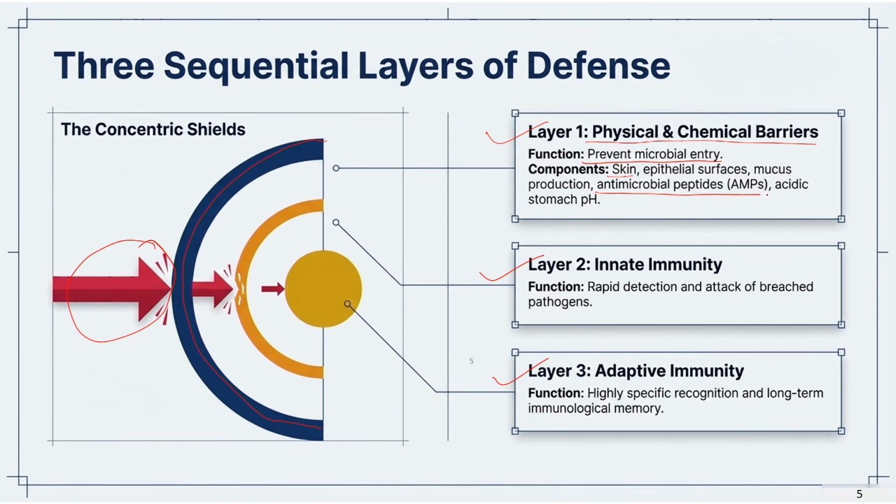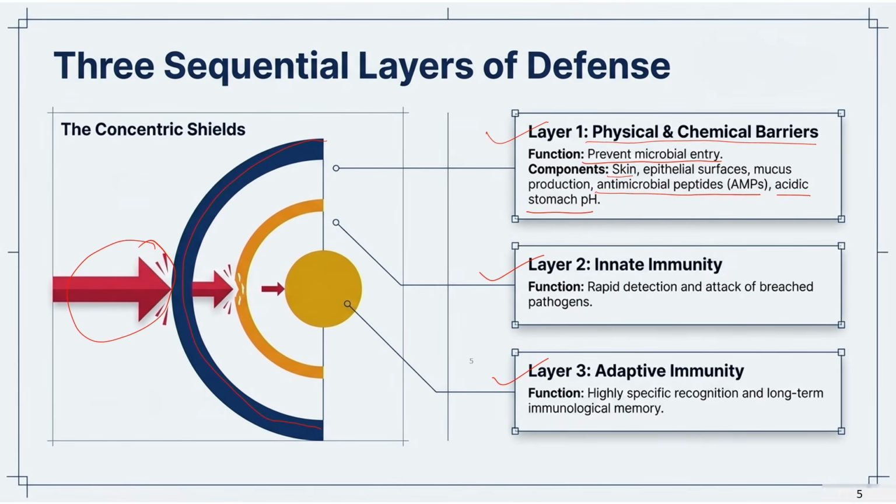And definitely the acidic pH of the stomach, which can also kill most of the unwanted moieties entering the gut system. That means these are some of the things physically present in the human body, such as the skin, the epithelial surfaces, the hair follicles, the specific kind of mucus secreted in the alimentary canal, the antimicrobial peptides, and the acidic pH.